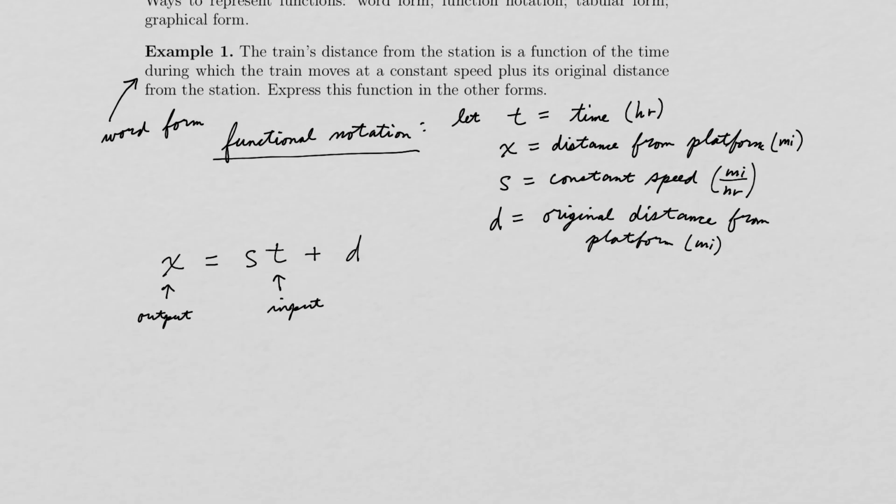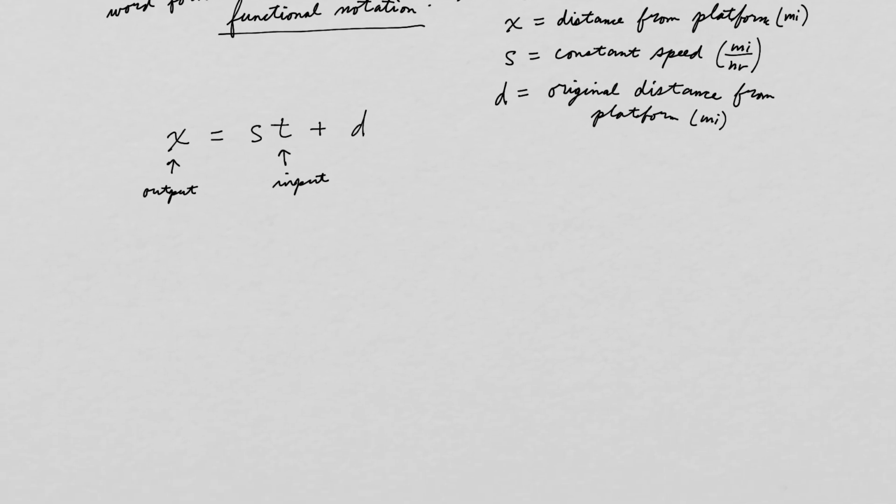So basically, we can say x is a function of t. So x is equal to f of t, which is equal to st plus D. So really, in this case, the speed is our slope.